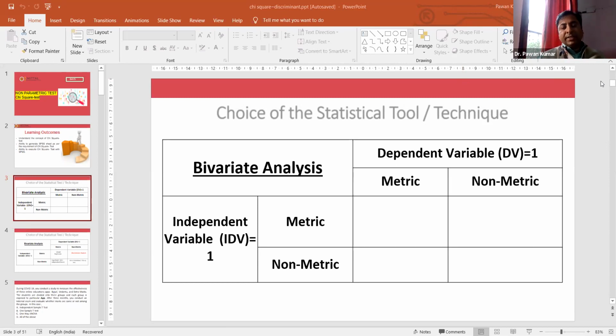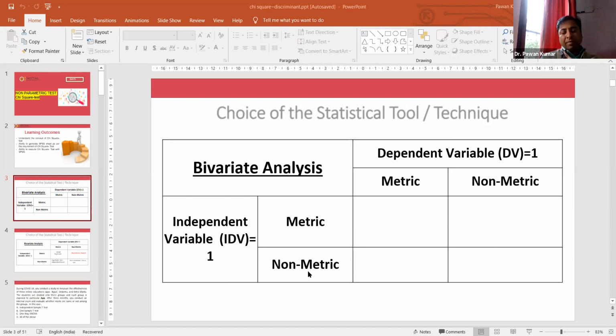ANOVA is a type of regression, another form of regression. But anyways, where we have two variables and both are metric data, we can go for regression. Next, suppose the independent variable is non-metric.